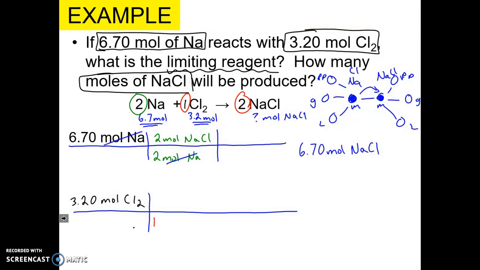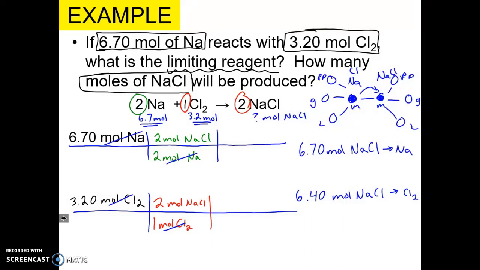So I'm going to go ahead and put that down here. 1 mole of Cl2 is going to yield 2 moles of NaCl. My units will cancel. Moles of chlorine, top and bottom. I'm left with moles of NaCl. When I multiply this out, I'm going to get 6.40 moles of NaCl produced by chlorine gas, Cl2. This one was produced by sodium.